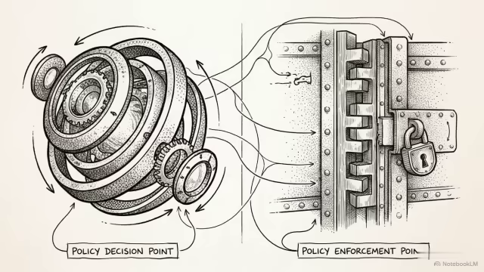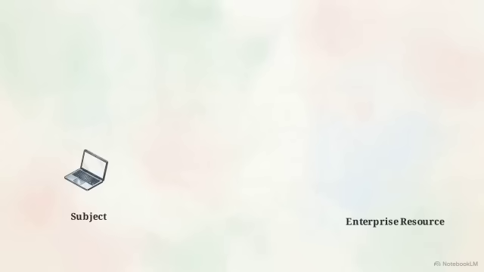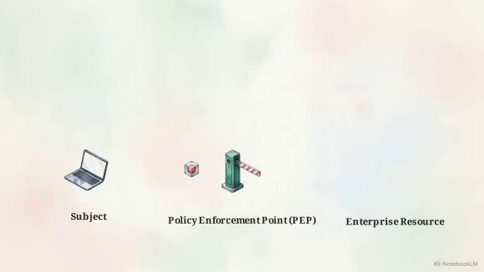Enforcing this minimal trust zone requires a specific dual-component mechanism. The policy decision point, or PDP, and the policy enforcement point, or PEP. Let's examine the baseline transaction. A subject attempts to reach a resource. The request is intercepted by the policy enforcement point, blocking direct access.